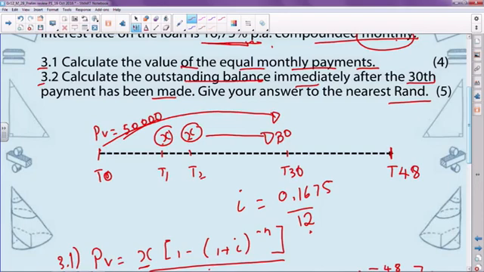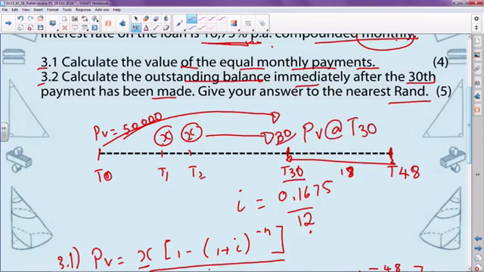The way I prefer to do it and to think about it is from time 30 to time 48, that's going to be 18 payments that still need to be made, all right? So I can work out the balance outstanding at time 30 by finding the present value at time 30.